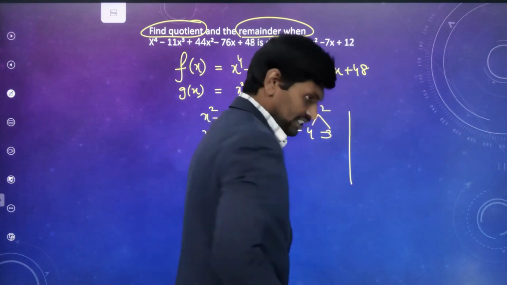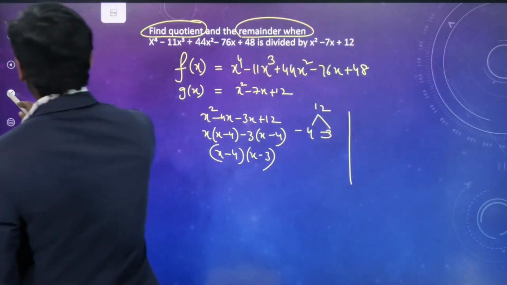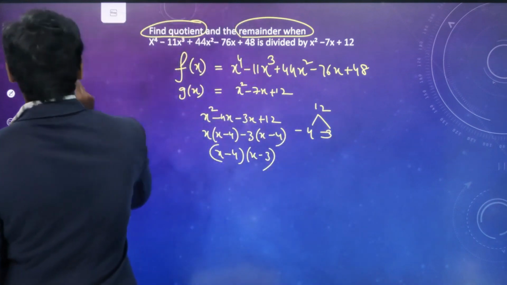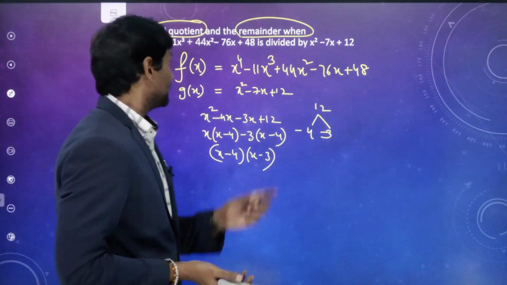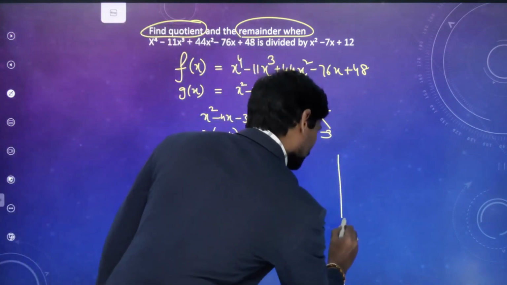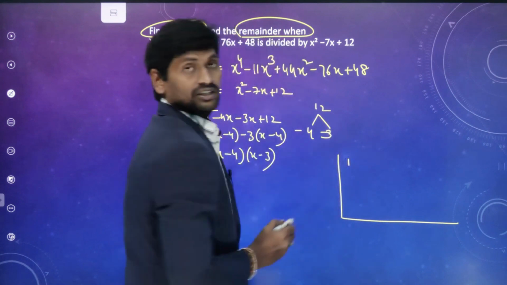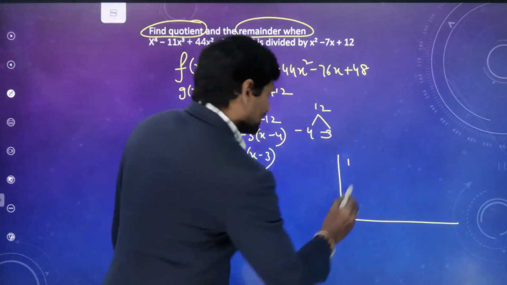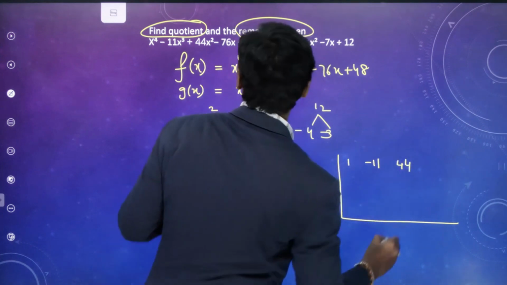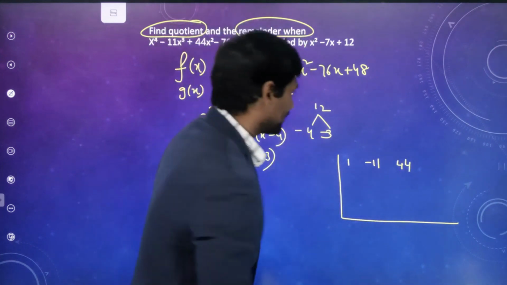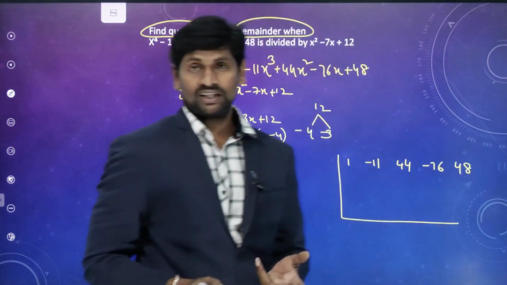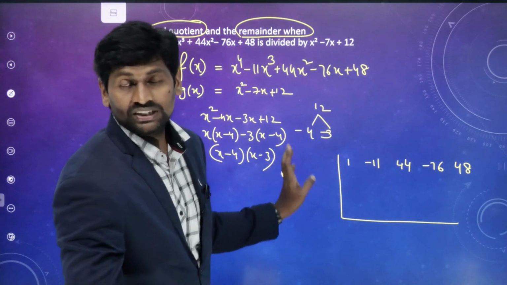All the coefficients of the biquadratic polynomial, that is 1, minus 11 as the x cube coefficient, and 44, minus 76 and 48. Now I am applying both roots together, 3 and 4 together.